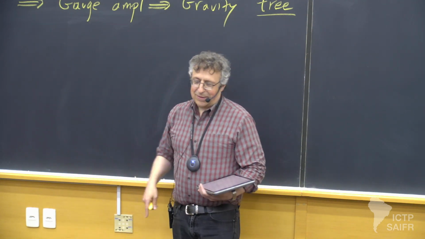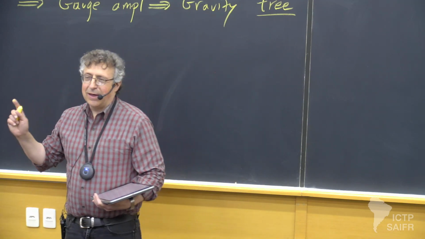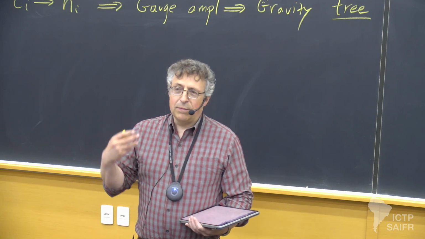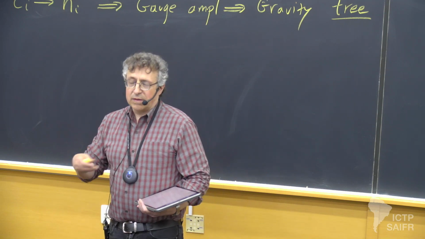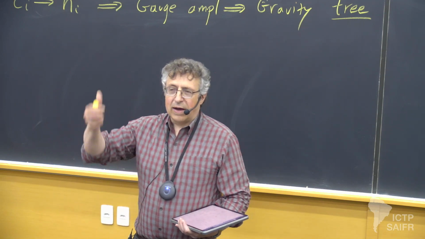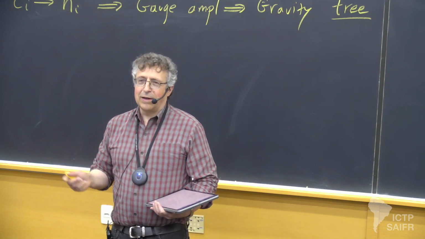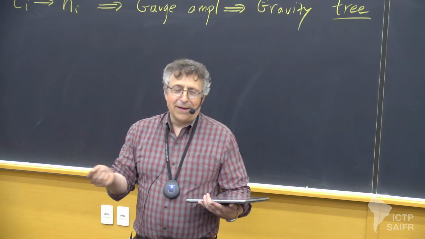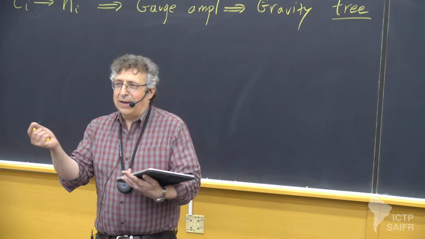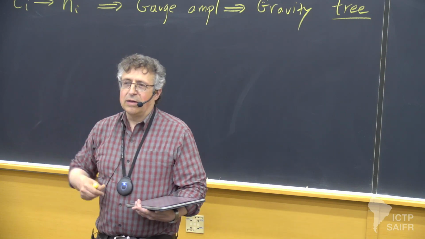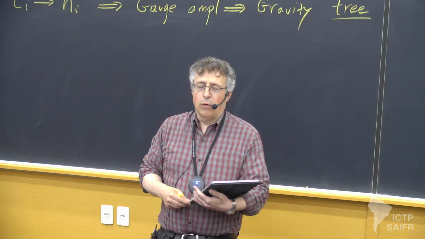But just to point out, either way, you can see there's some relation between gravity and gauge theory, because of the building blocks. How do you build gravity through the BCFW recursion relation? You use the fact that gravity and gauge theory are simply related at 3 points. Here the relation continues to all points, or is obvious.